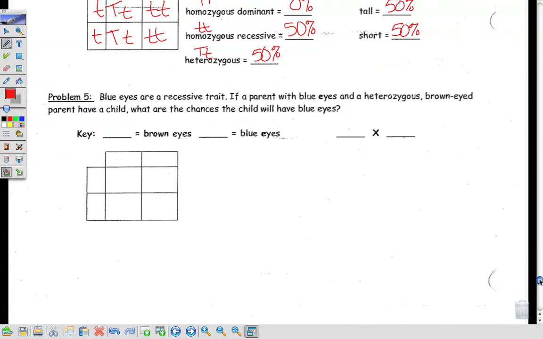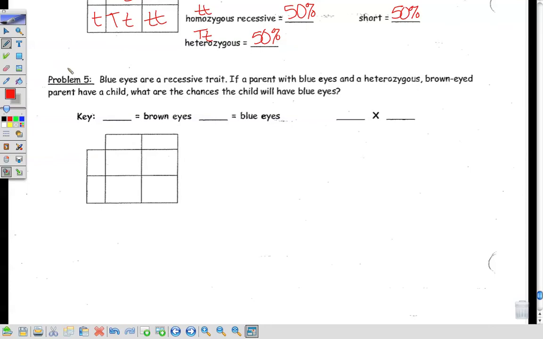Now number 5, our last one. Blue eyes are a recessive trait, so we're going to underline that blue is recessive. If a parent with blue eyes and a heterozygous brown-eyed parent have a child, what are the chances the child will have blue eyes? So brown eyes is the dominant, so we're going to give it a capital letter. Blue eyes is recessive, so we're going to give it a lowercase letter.